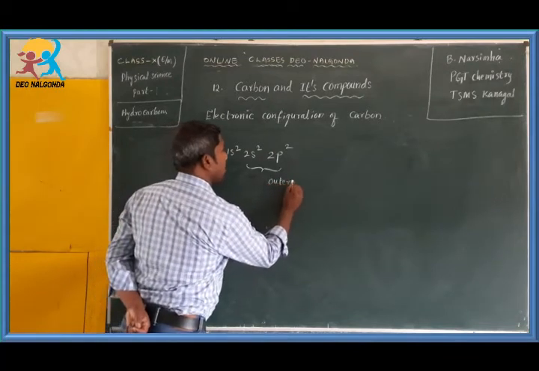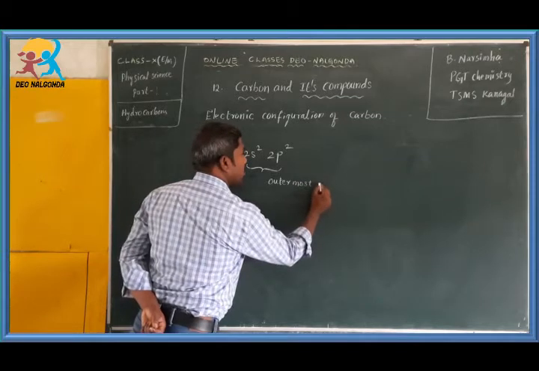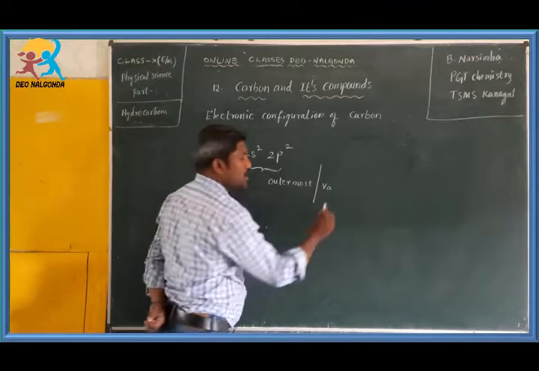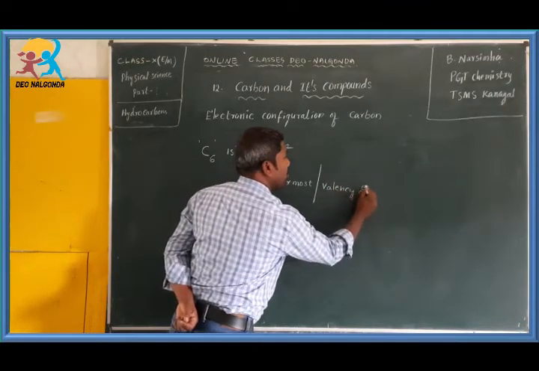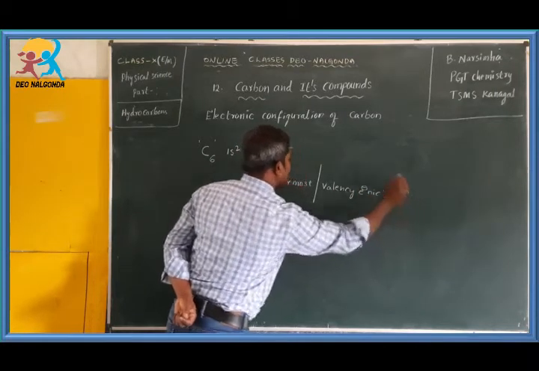The outermost electronic configuration is the valency electronic configuration.